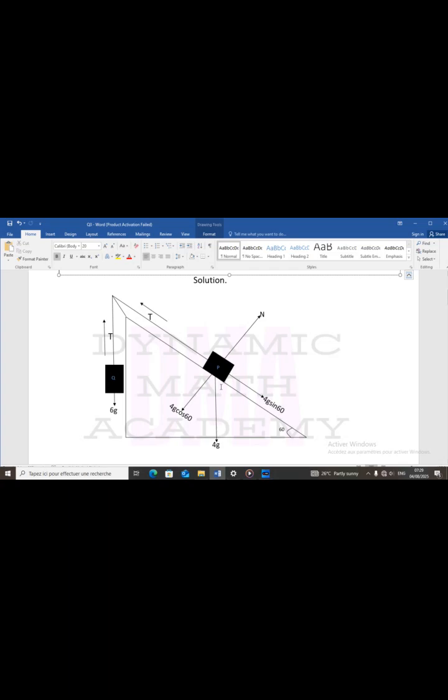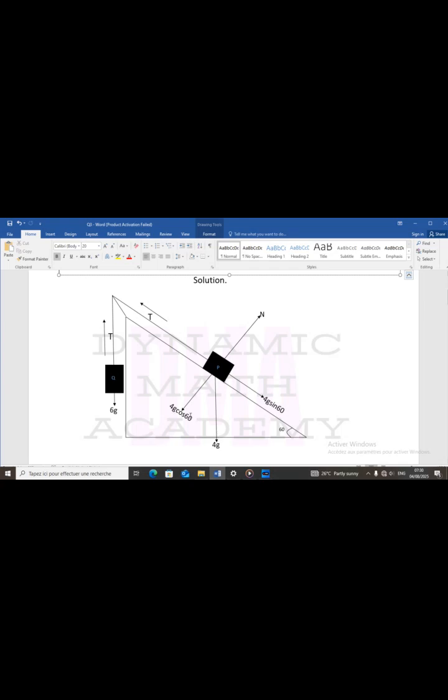Okay, so we have the tension there. Now, the angle is 60. If you are to resolve this weight perpendicular and parallel to this plane, perpendicularly we are going to have 4g cos 60, because this angle here is actually 60 degrees, and since it is closer to this line, that's why I make it 4g cos 60.